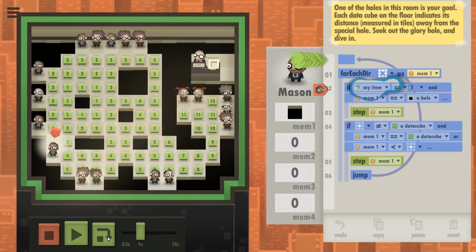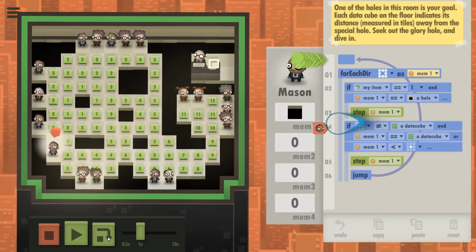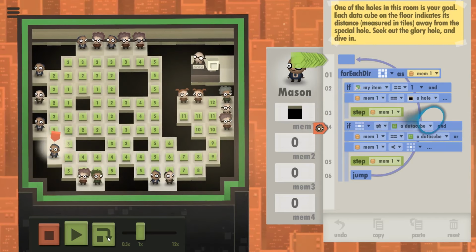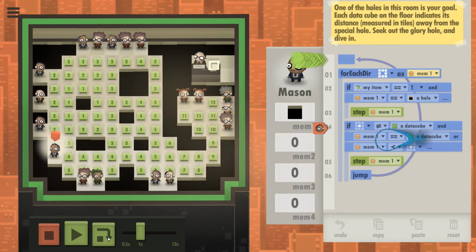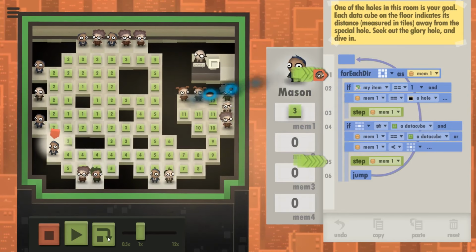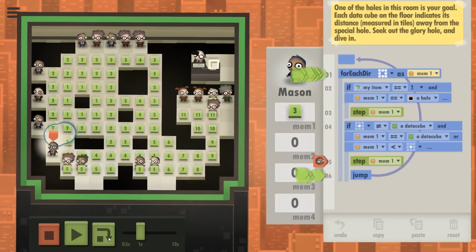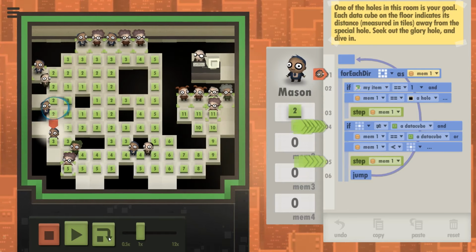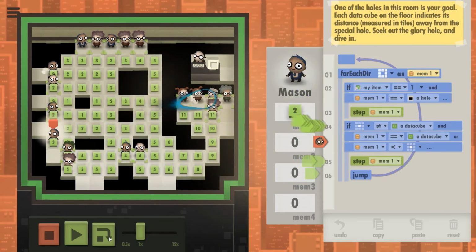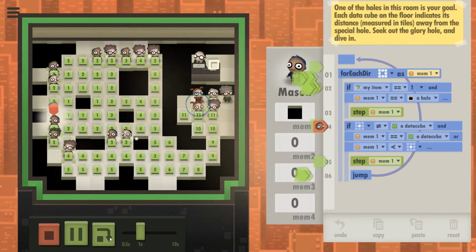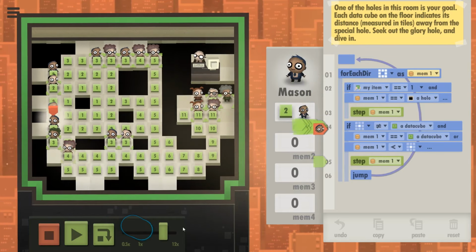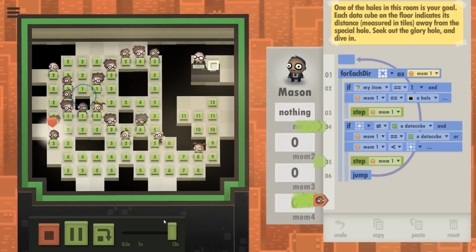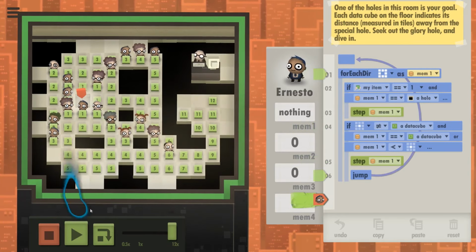So my item equals 1, which it does not. If where you are doesn't equal a data cube, which it doesn't, and memory 1 equals a data cube, okay, we have a problem. This guy, what are you doing?